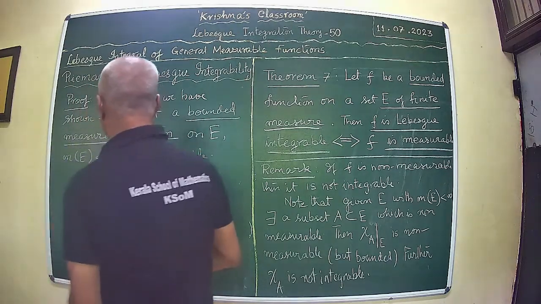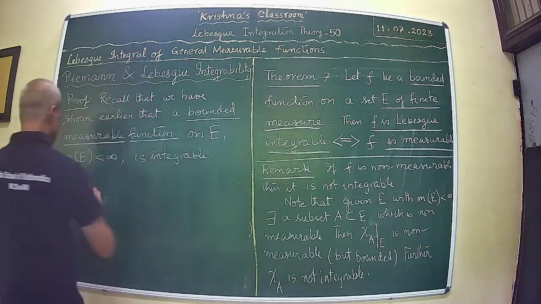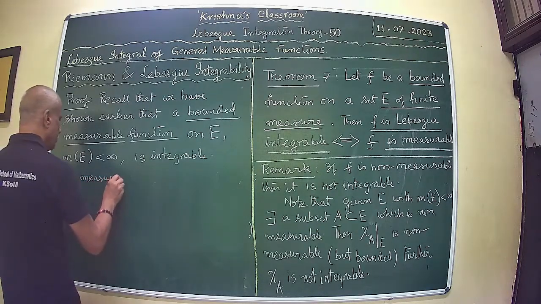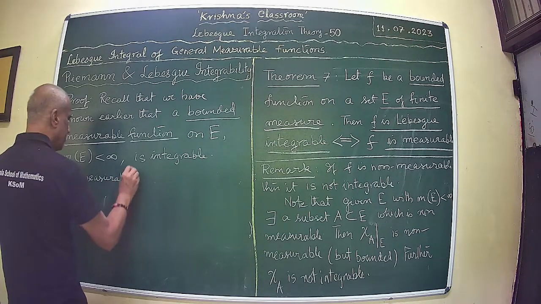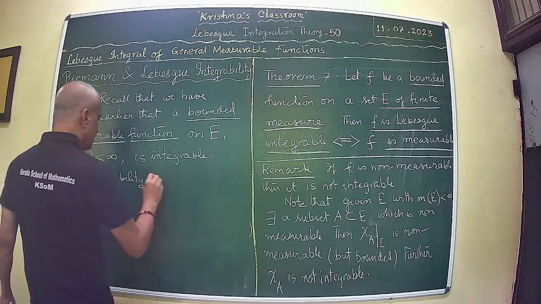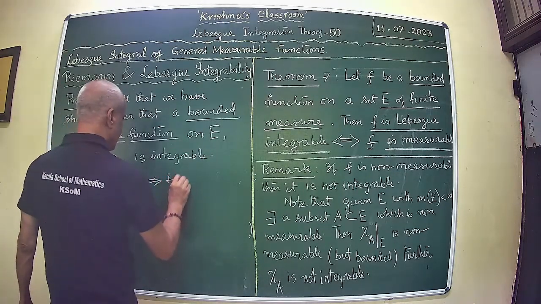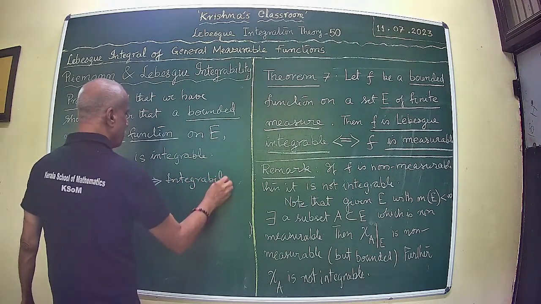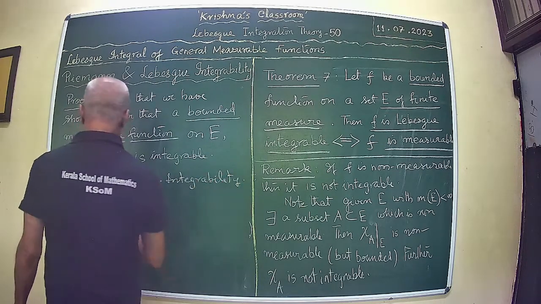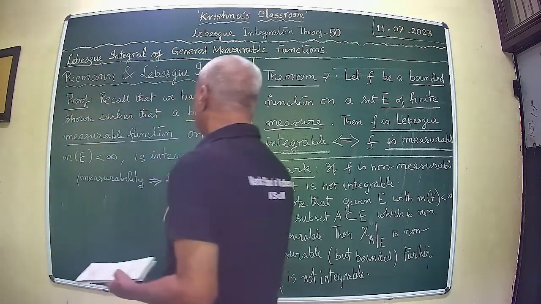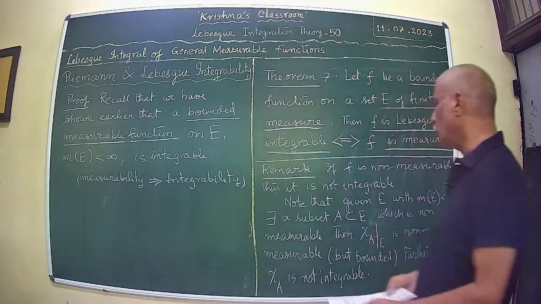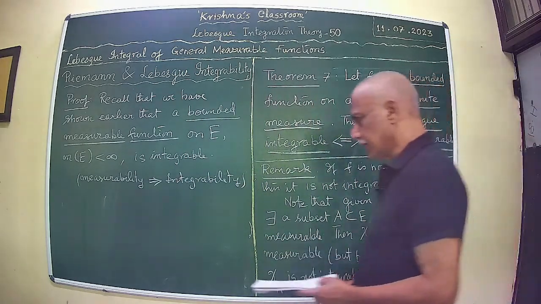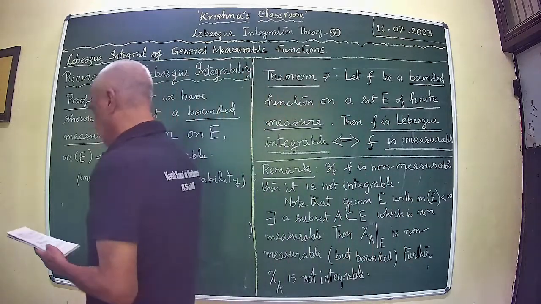That is, what we have proved is this: measurability implies integrable. For the particular class of functions we are considering, that means they are bounded measurable functions on a set of finite measure. Okay.